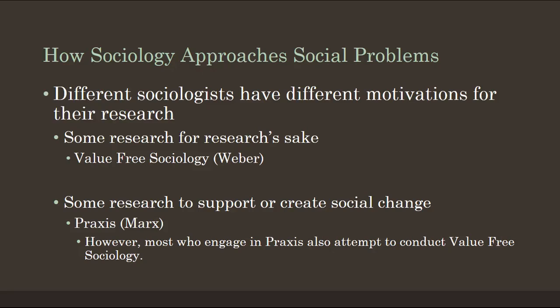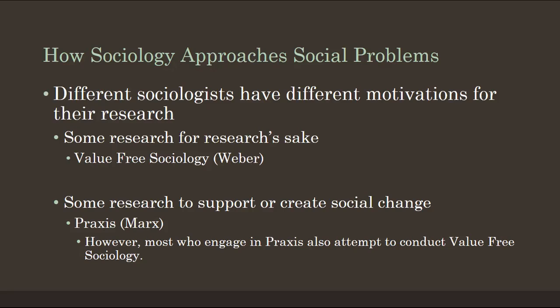So that's why we choose that topic to study. But when we're gathering our data, we try to observe social reality as it is, aside from our political motivations, right? And then after we analyze our data, we write our paper up, then we may use our research and introduce it to policymakers, to audiences that might be interested in our research so that they can then go do political things with it, right?